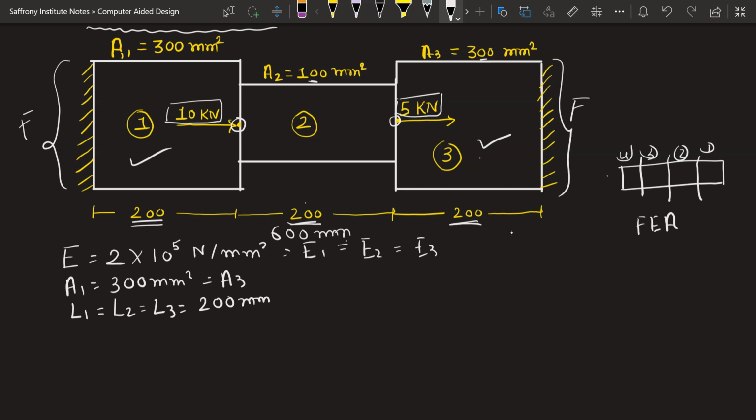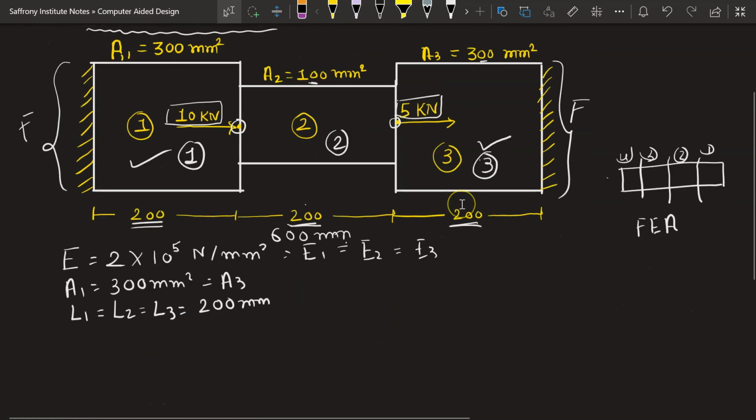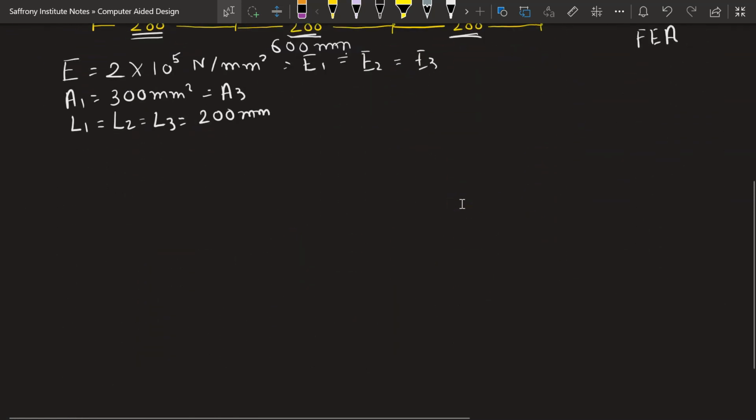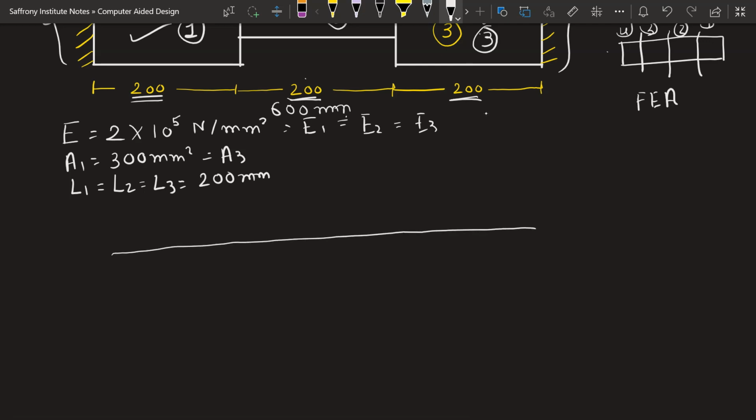This bar is already having 3 parts, so we consider 3 different elements: number 1, this one, the second element, and this is the third element. As this is a one-dimensional bar problem, we will draw one line which will represent this bar.